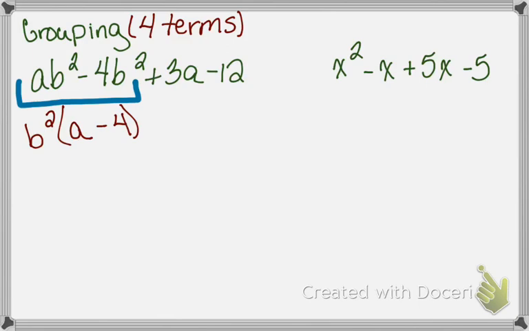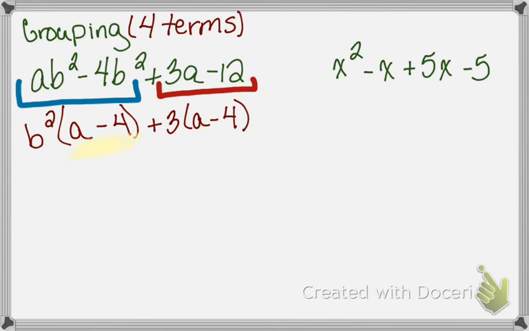Now, I'm going to focus on these 2 terms. I'm going to say, what can I take out of both of these? The 3? I can take a 3 out. Good. Then I'm going to have a minus 4. Now, a couple of things that you need to recognize with this right here.